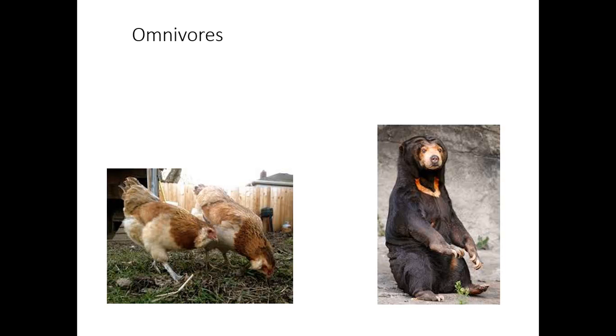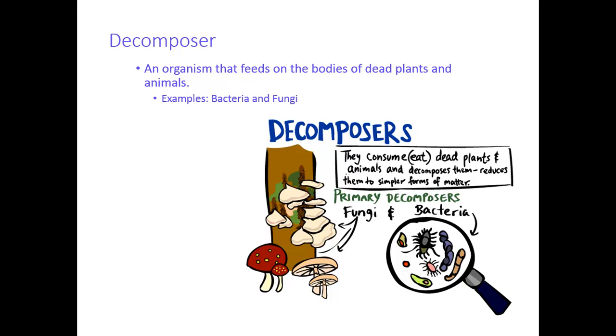Omnivores eat both plants and animals. You have a picture of chickens and a Malaysian sun bear. Decomposers, might be a new word. Write it down. An organism that feeds on the bodies of dead plants and animals. The examples are bacteria and fungi.